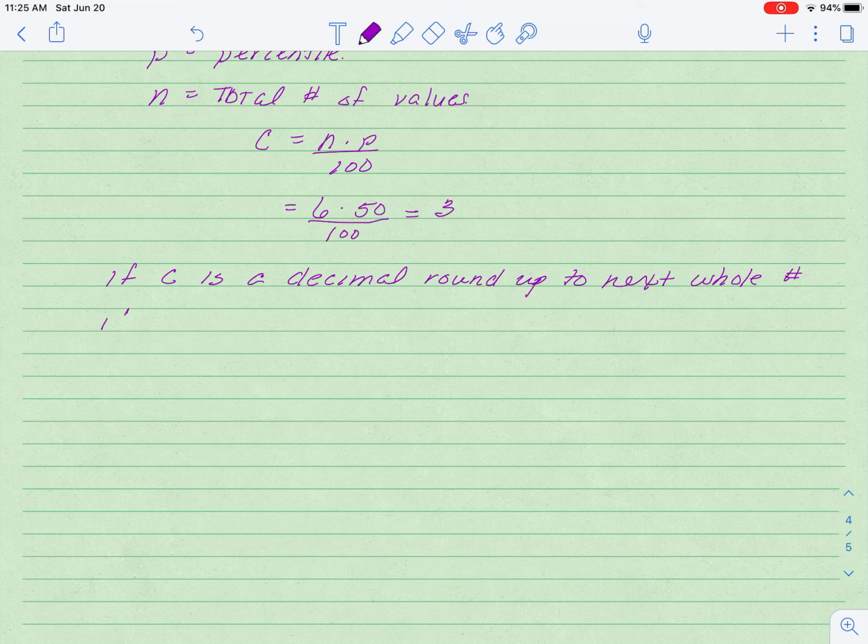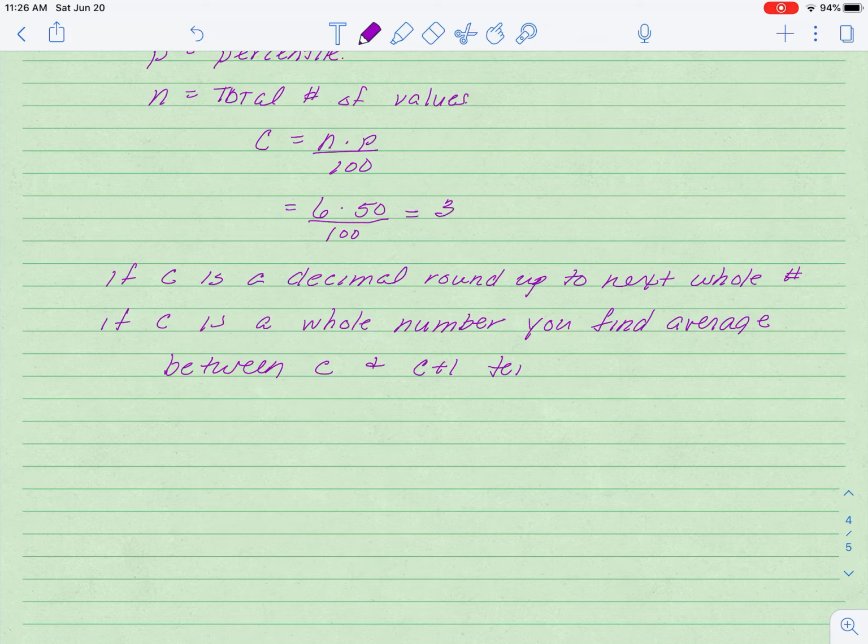So we'll do an example of that. If C is a whole number, you find the average between the C and the C plus 1 term.